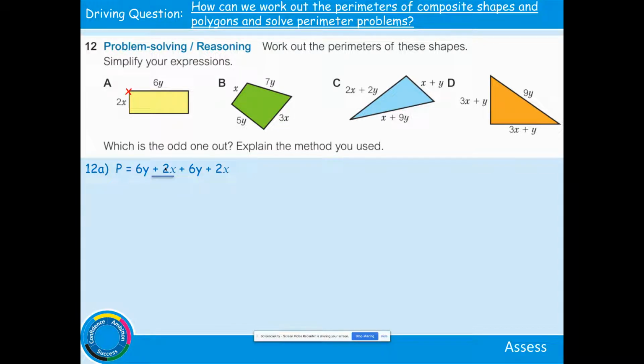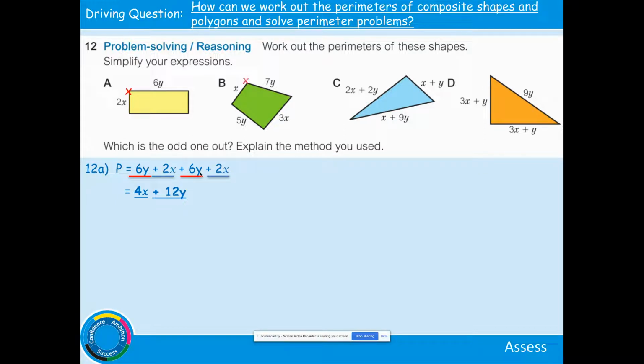So I've got plus 2x and I've got plus 2x. So 2x, add 2x, I've got 4x's. Now I'm going to look at my y's. I've got 6y, and it's a positive 6y at the beginning here because there's not a negative there, so we know it's positive. So we've got 6y, add another 6y, so altogether we have 12y.